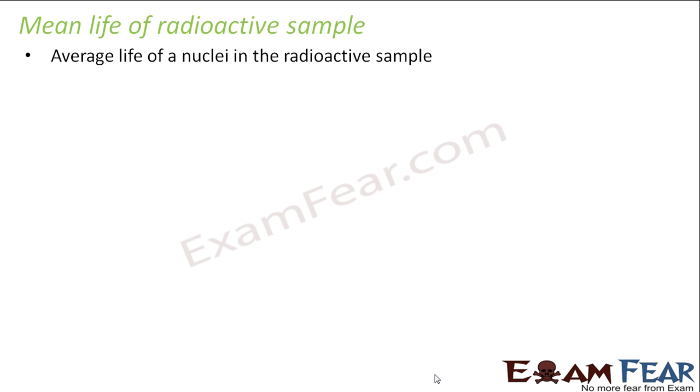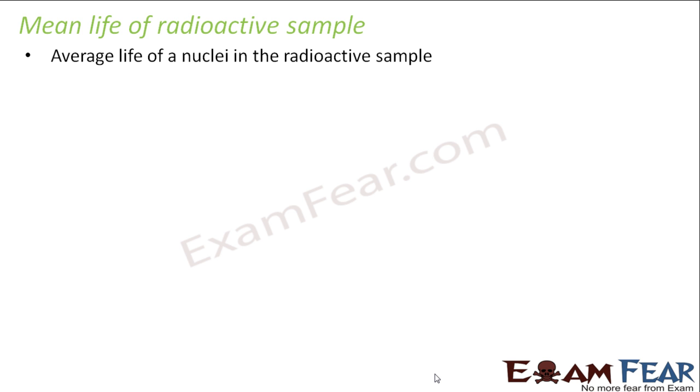In any sample which you have, there will be so many nuclei inside. Every nuclei has an opportunity to decay, and any nuclei can decay at any point of time. So how do I calculate the average life of the entire radioactive sample as a whole?